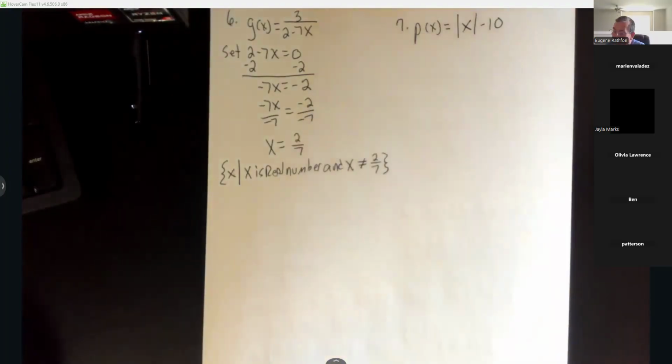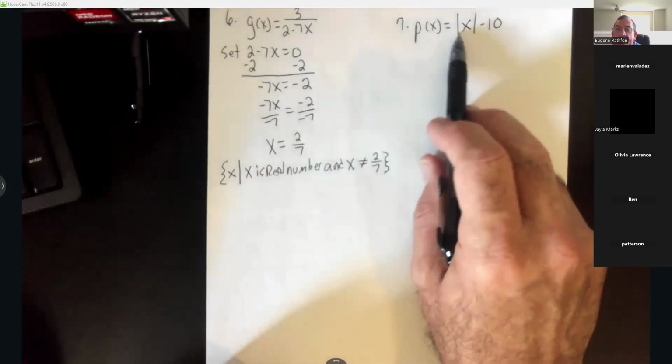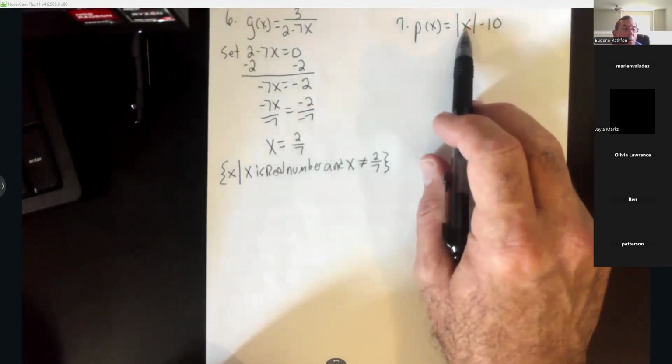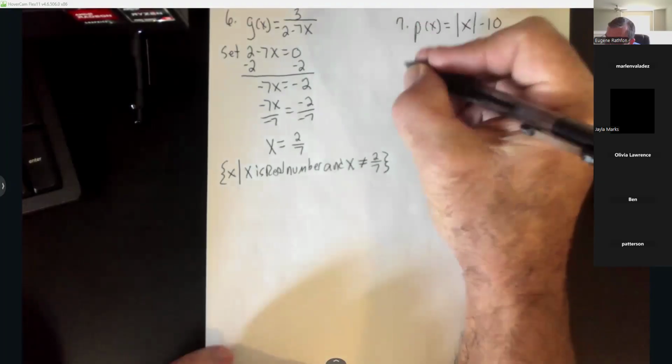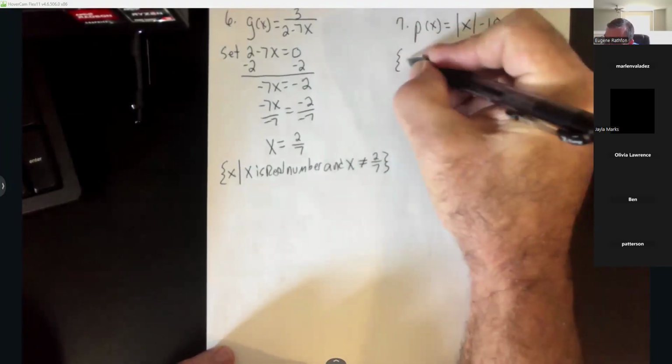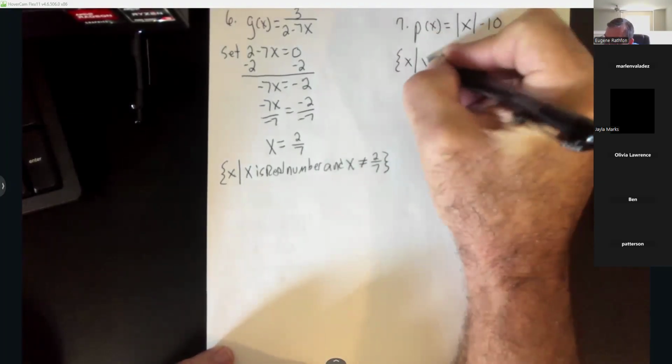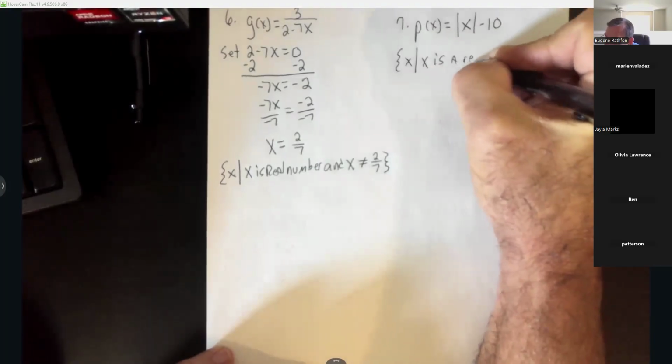All right, y'all, definitely all real numbers because there's not a fraction and you can take the absolute value of any number, okay? So good job. This would be x such that x is a real number.